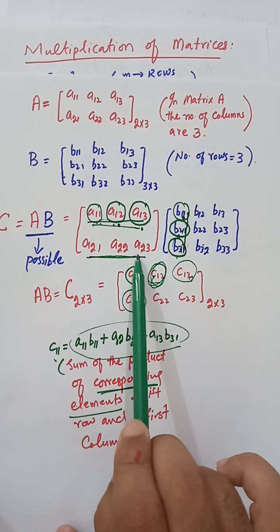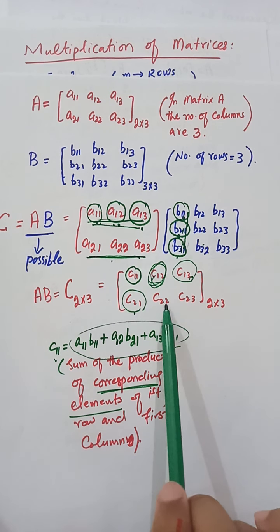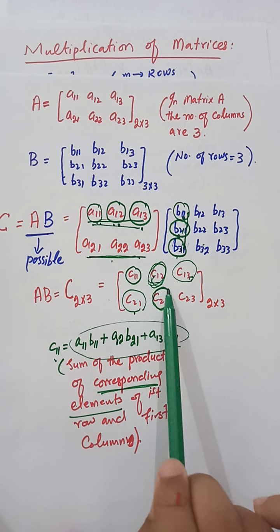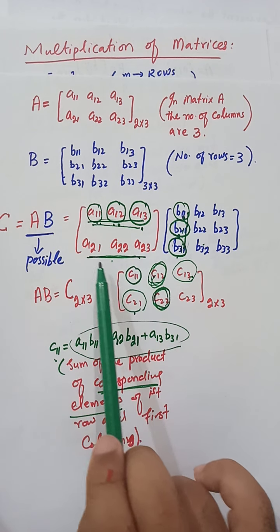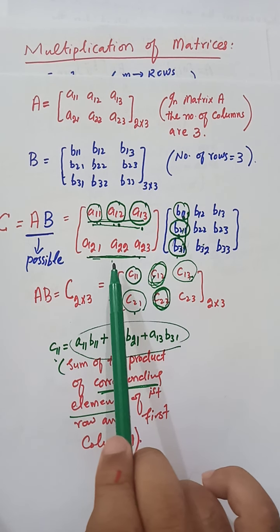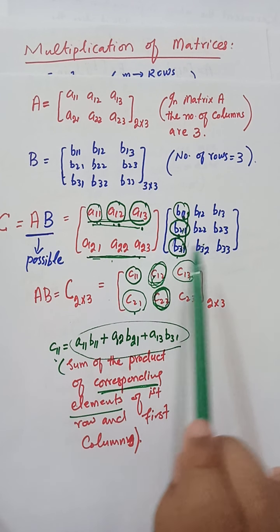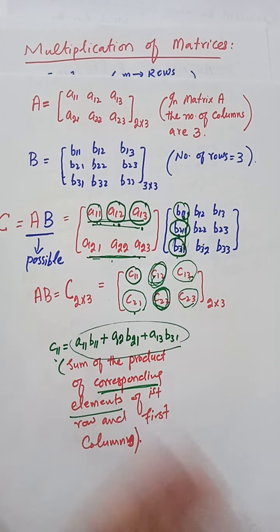If you are multiplying the second row with second column, you will get the element of the second row and second column. If you are multiplying the second row with third column, you will get the element of the second row and third column. And this is the procedure.